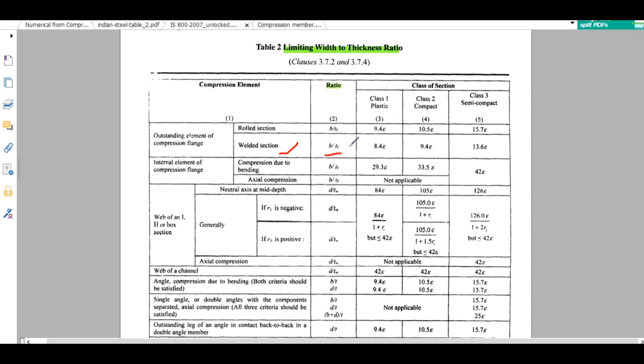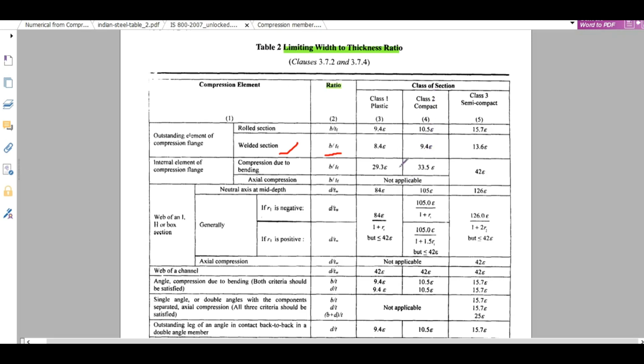That means you have to find the value of b by tf, and check it against 8.4 epsilon, 9.4 epsilon, 13.6 epsilon. So if b by tf is within 8.4 epsilon, then it will be a plastic section or class 1 section, or if it is above 8.4 epsilon and less than 9.4 epsilon, it will be a class 2 section or compact section, and so on.